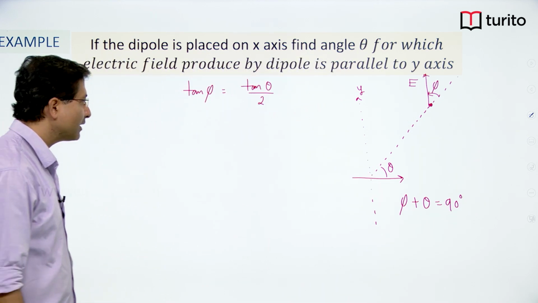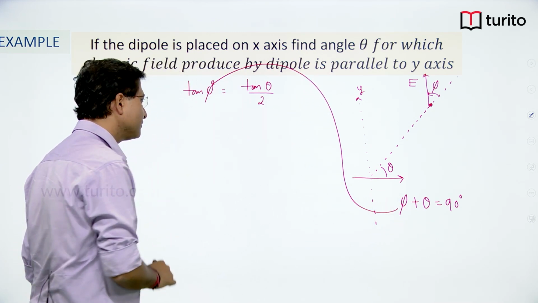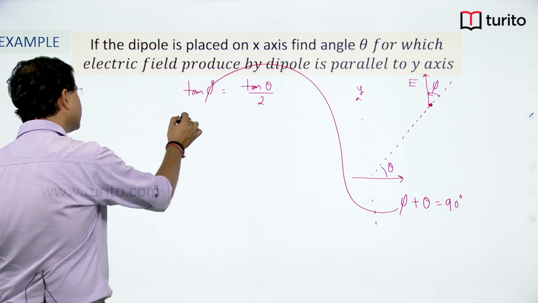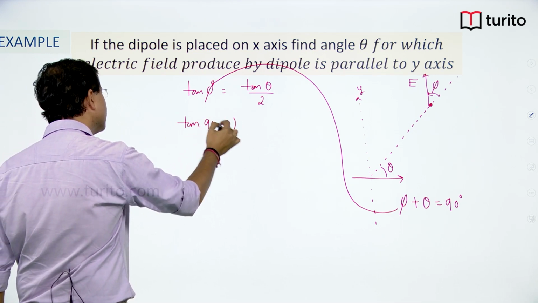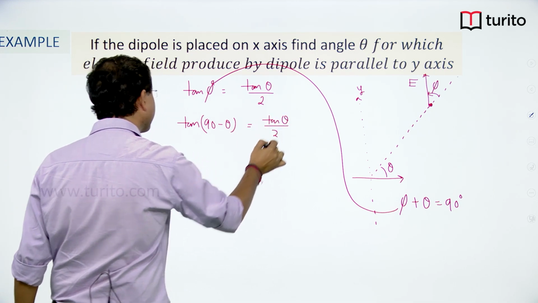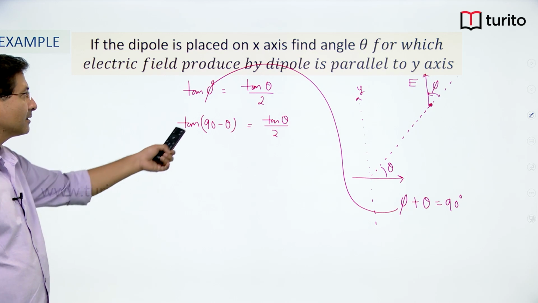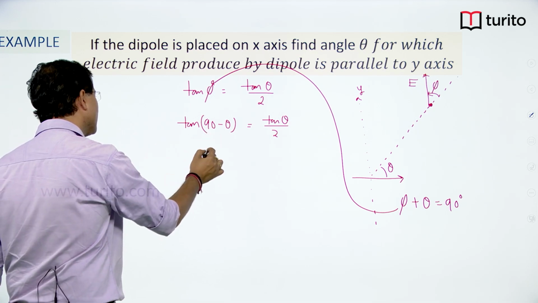So from here, if I substitute the value of phi from this condition, then I will get tan(90 minus theta) is equal to tan theta by 2, and tan(90 minus theta) I can write as cot theta.